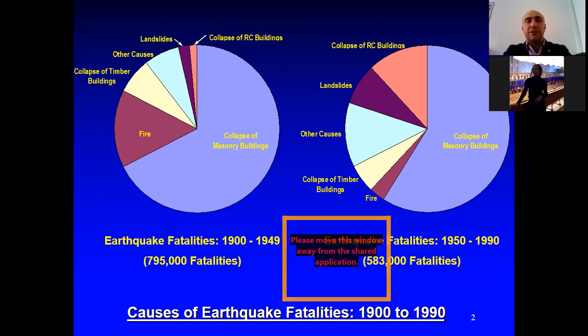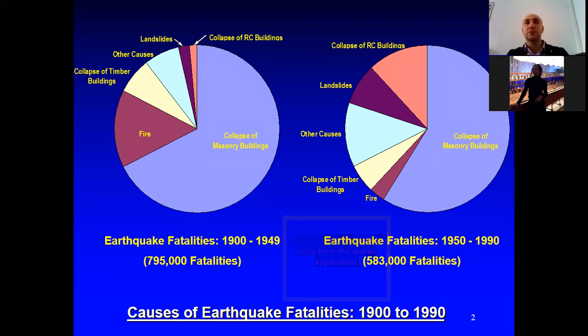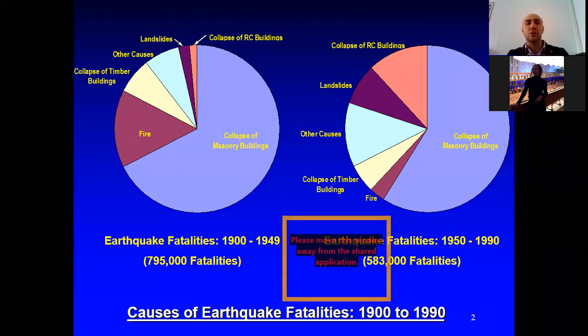Consequently, structural engineers play a leading role to prevent the earthquake fatalities by the right design and the calculation of the building, by the right construction of the building, by the right operation of the building during the lifetime of the building.